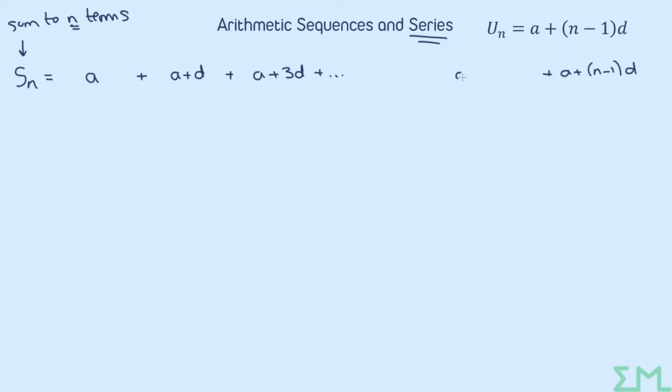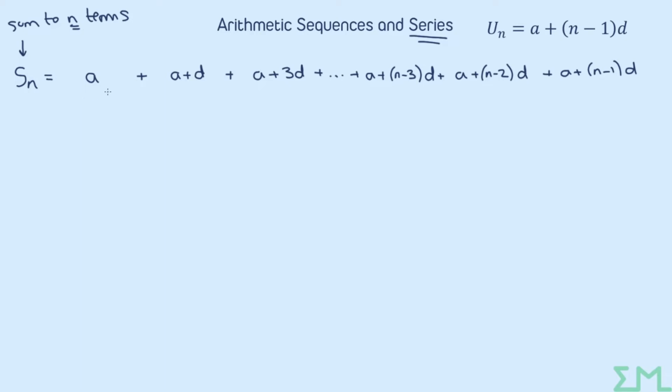So we still have an a, but this time it would be n minus 2 lots of d. And then the term before that again, a plus 1 less d, so n minus 3 lots of d. Now I wouldn't bother doing any more than the first 3 and the last 3 terms of the sum. You might get away with the first 2 and the last 2, but I think 3 is about right.